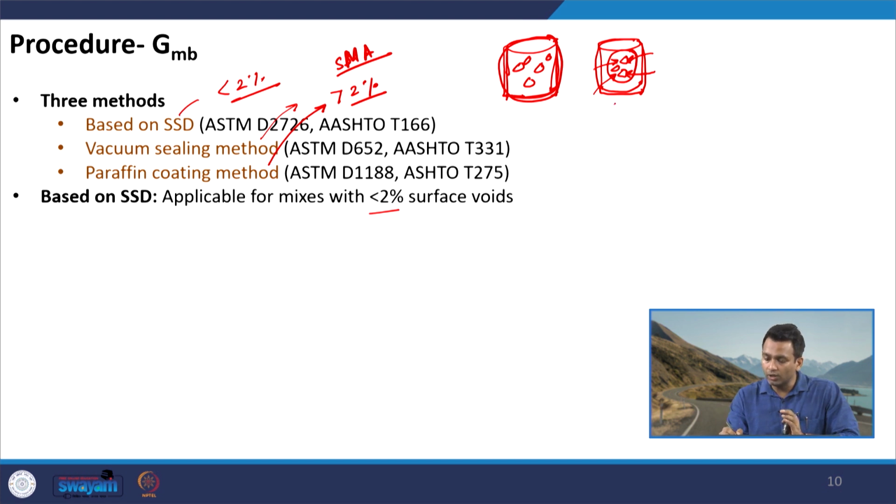So, if water goes inside, it will give me a wrong weight inside water, which I use to represent the volume, and the actual volume which I want is not acquired in this manner. Therefore, for such mixtures we have to ensure that we completely fill the surface voids, so that water particles do not go inside the specimen. For dense graded mixtures, usually the mixture is so dense that water will not get inside, so we do not have to worry about it.